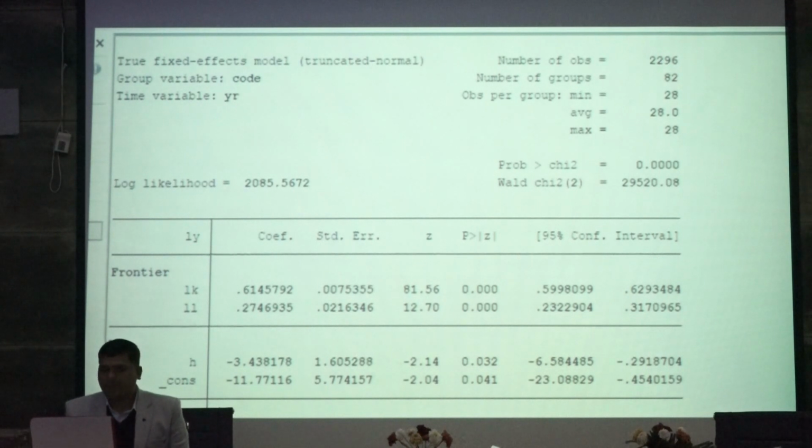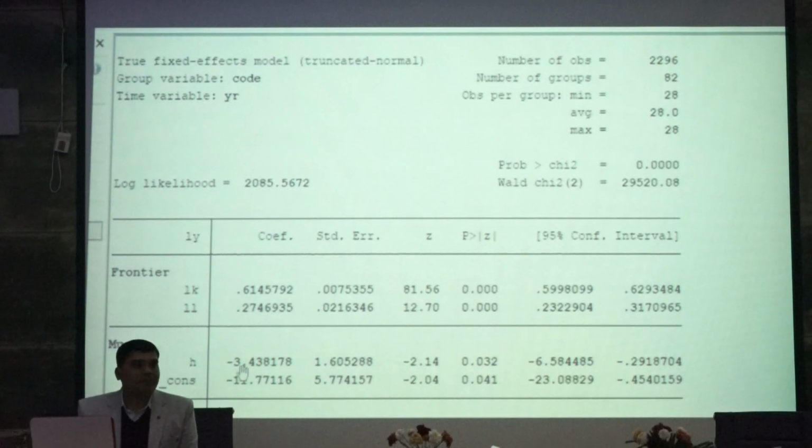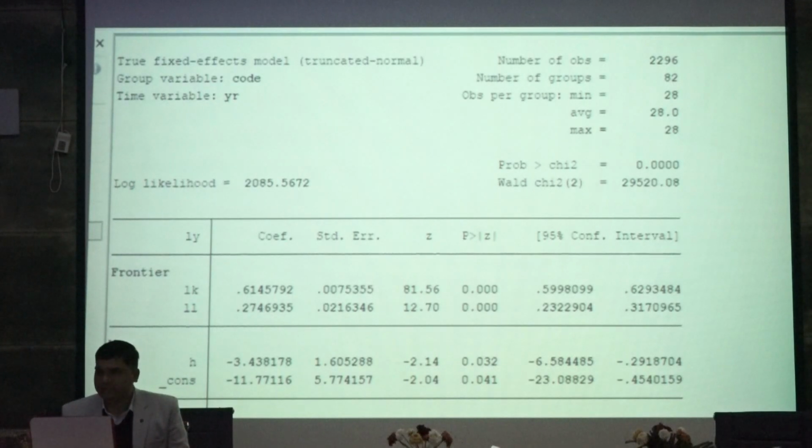So we have to check the coefficient and then the p-value. If the p-value is significant, you can say that H has a negative impact on inefficiency, but a positive impact on efficiency. That means if H is increasing, efficiency will also increase.